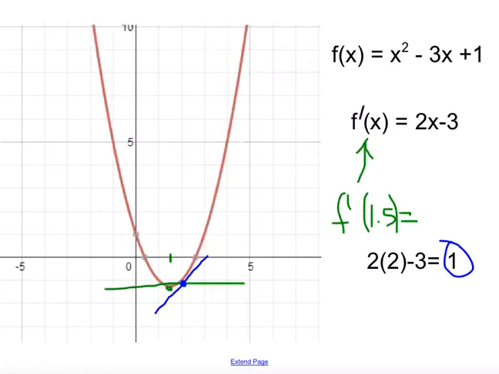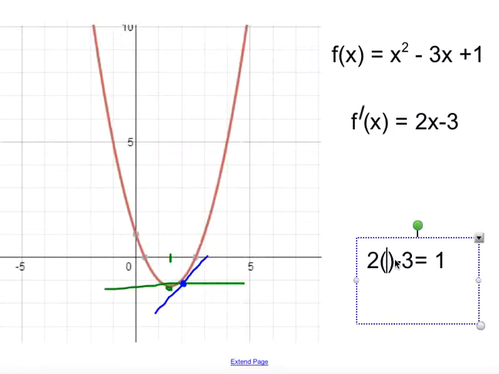Now what if we wanted to find the slope of the tangent line when x is 0? So I'm going to plug in 0 now. What do we get? We get a value of negative 3.